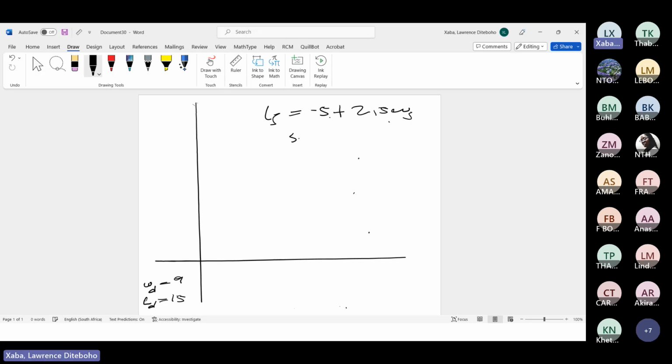If we set W equals 0, we end up having LS equals -5 plus 2.5 times 0. Then L in this case is equal to -5.